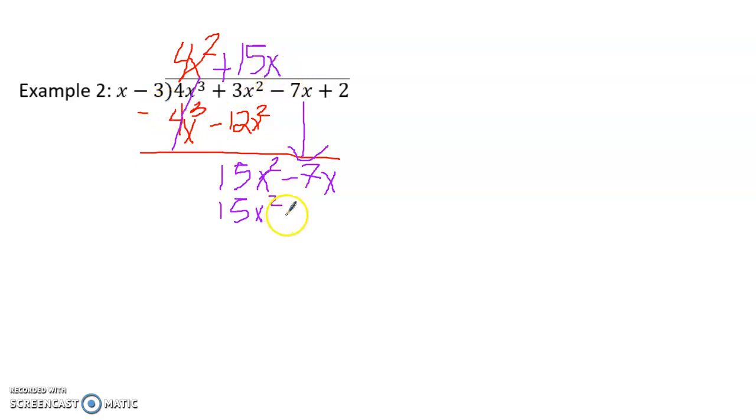Negative 3 times 15x is negative 45x. And then we subtract. The 15x squareds cancel. We have negative 7x minus negative 45x, which again is negative 7x plus 45x, which gives us 38x.